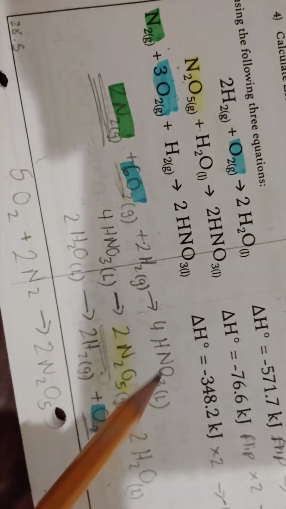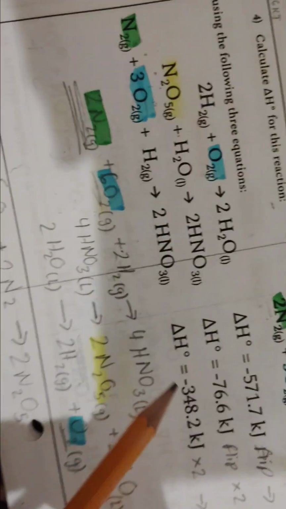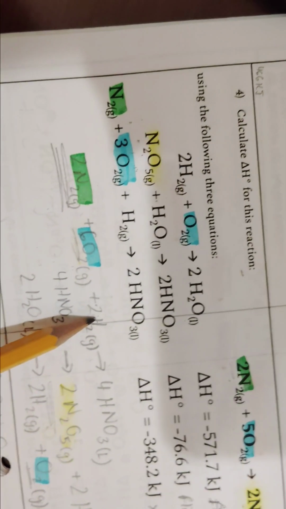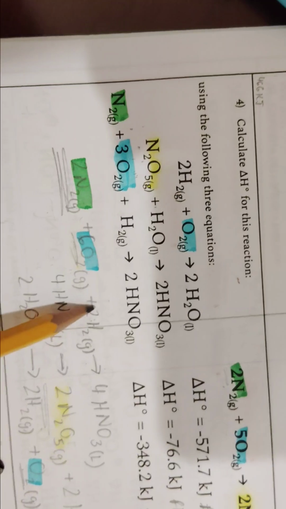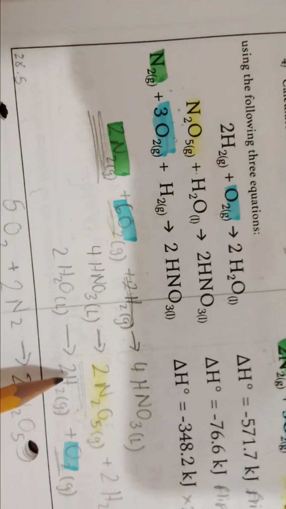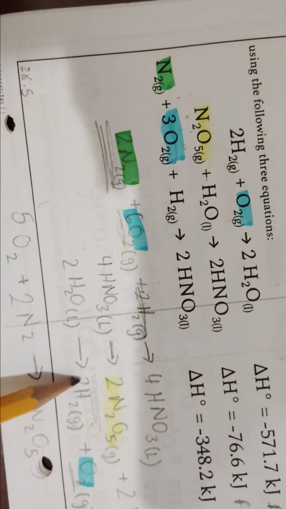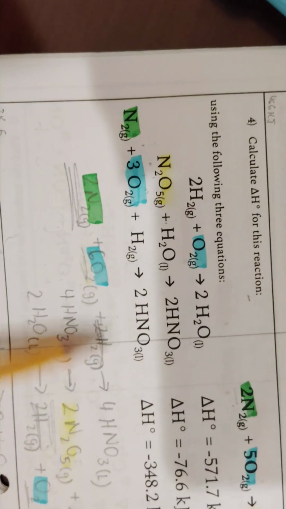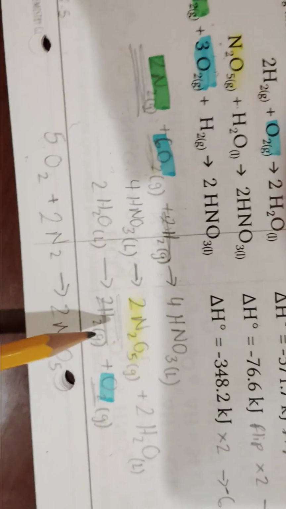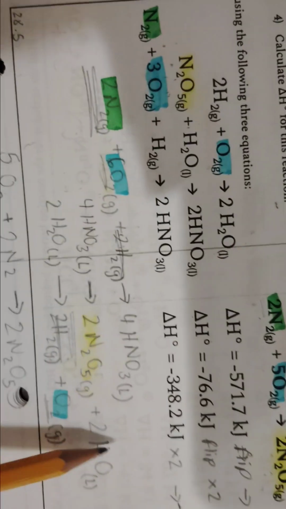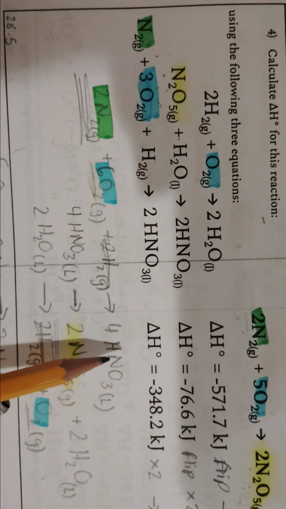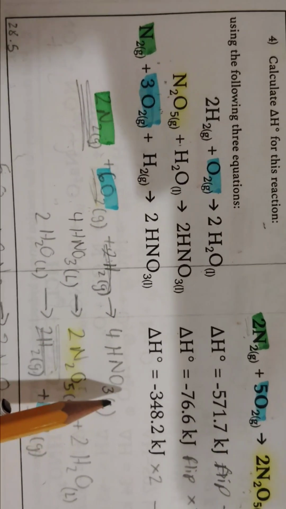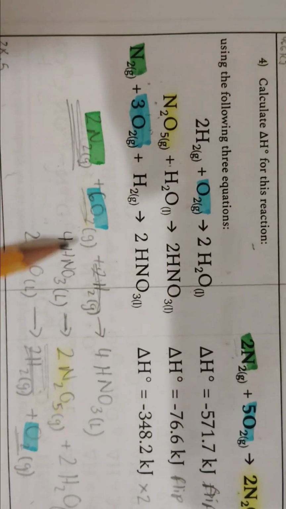Now for the rest of this problem, we're going to do some subtraction. We have this 2H2 right here, and we can cross that out with the 2H2 on the opposite side of the arrow over here. That's why it's best to keep the arrows all lined up, so when it's time to do that subtraction, it'll be nice and easy. Now we have 4HNO3 and 4HNO3 on here, so we cross those out.